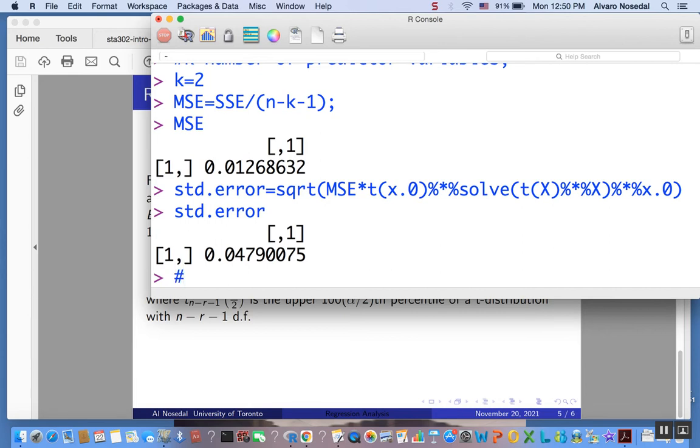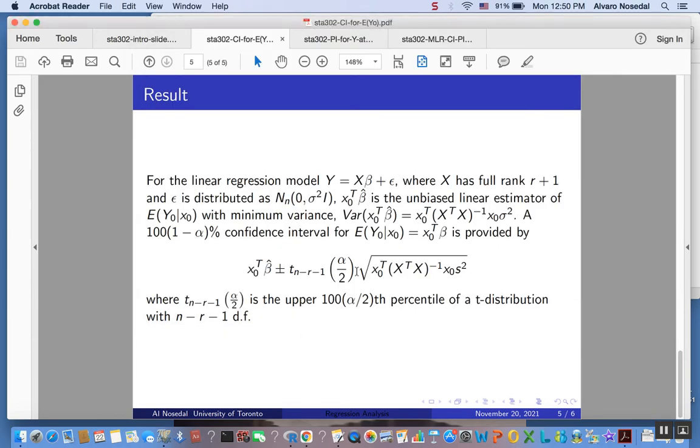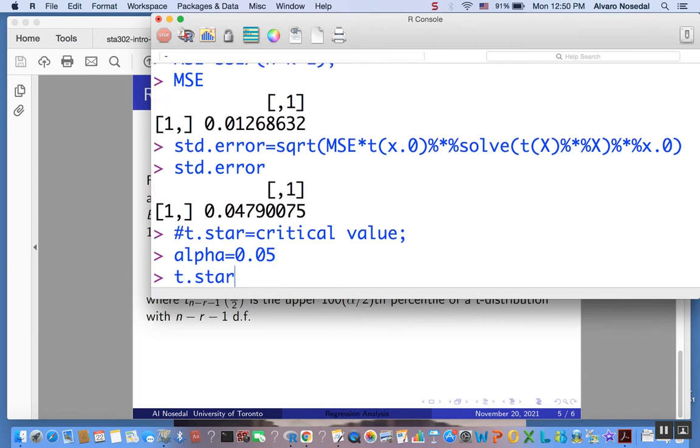Finally, we're almost there. Let's find t star. I'm going to be using t star for the critical value, meaning the value from the t distribution that is going to give us, in this case, a 95% confidence. So alpha is going to be 0.05 because we want 95% confidence. We know that if we want to find a critical value using R, we use the function qt, as in quantile of t.